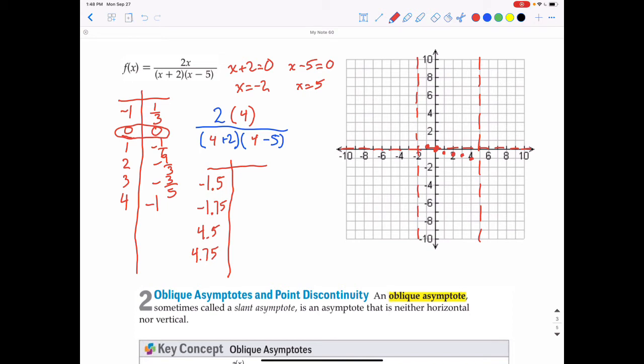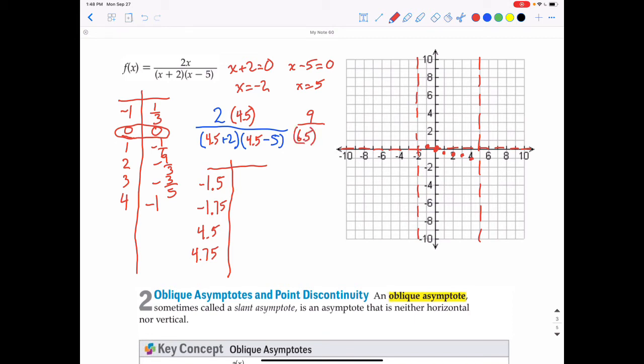So by plugging those numbers into our expression, for, let's say, the 4.5, that would be 2 times 4.5 is 9 over 4.5 plus 2 is 6.5.